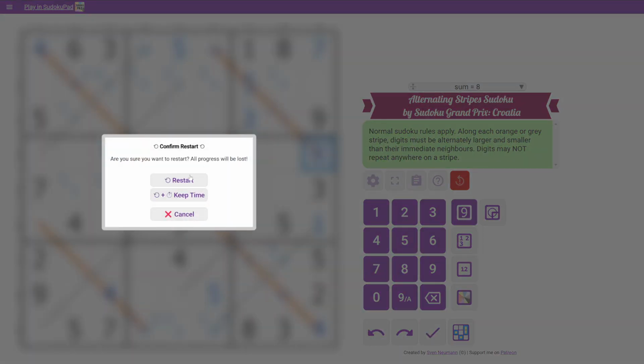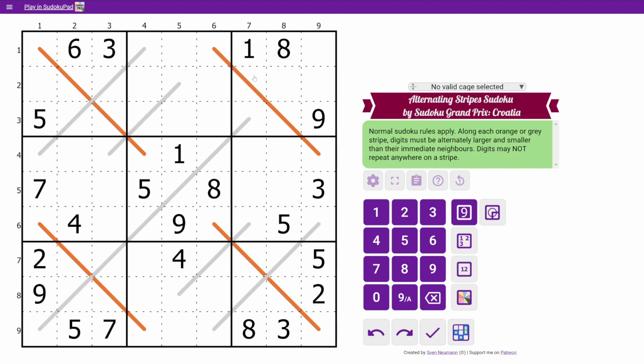I'm just gonna restart it with... Maybe that's what it means. This one's still 5 because it's Sudoku. The Sudoku hasn't changed that I know of.